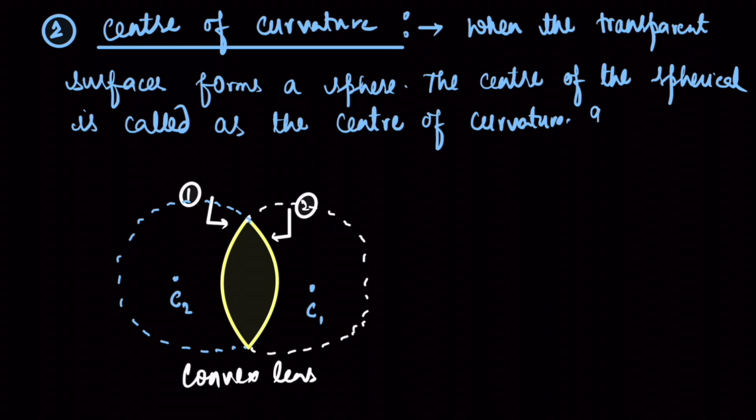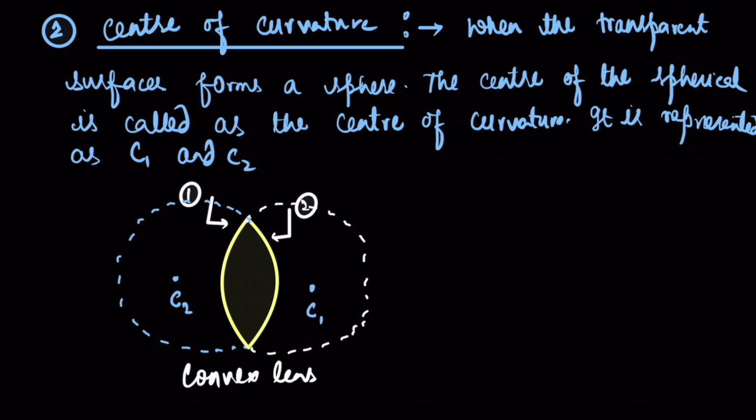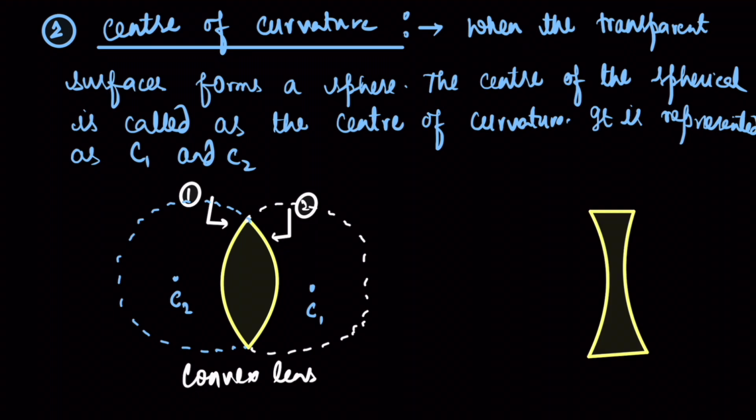It is represented as C1 and C2. If we take a concave lens, this is our surface first and this is the surface second.